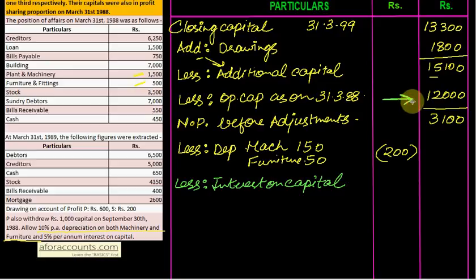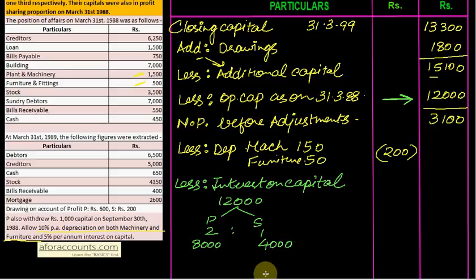So 12,000 is your opening capital. Divide this between P and S, what will it be? 2:1. So it will be 8,000 is your capital here and 4,000 is your capital here.